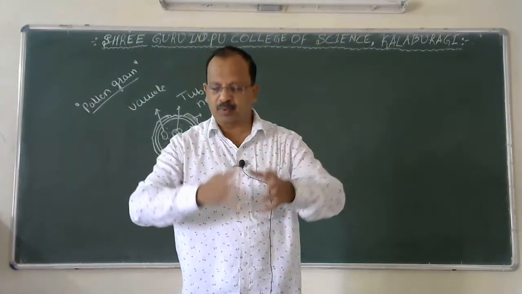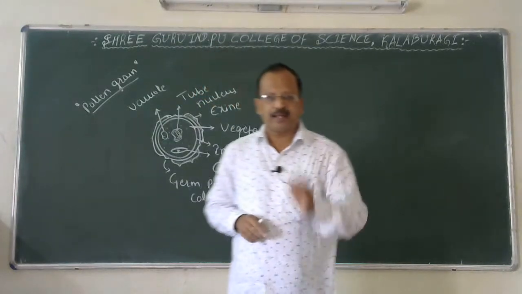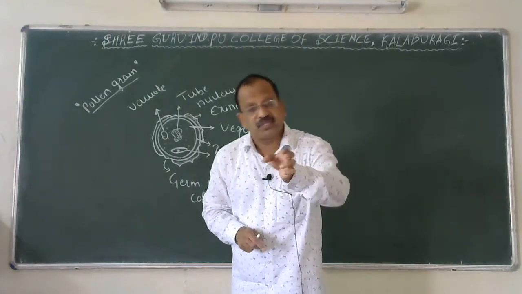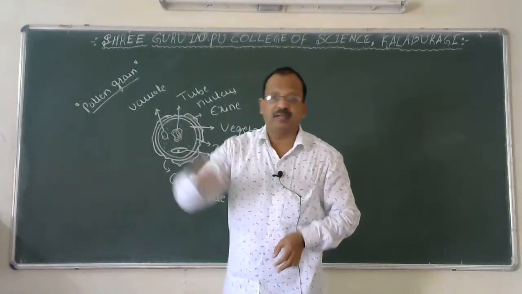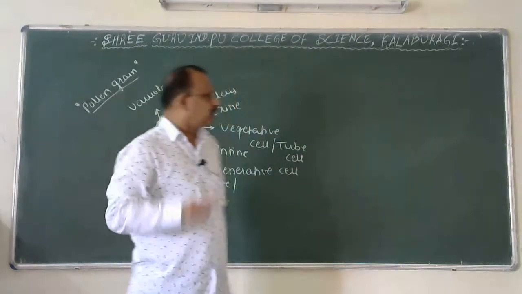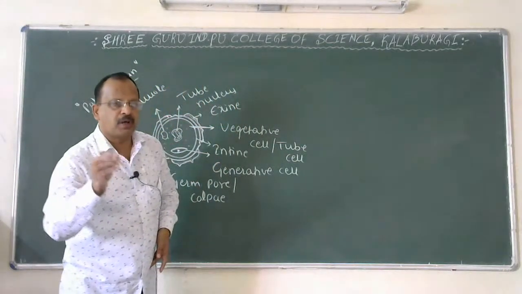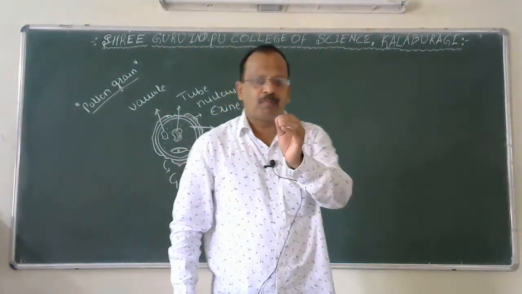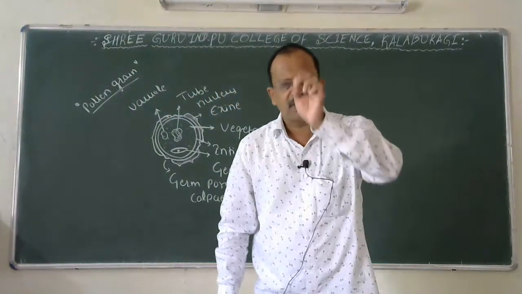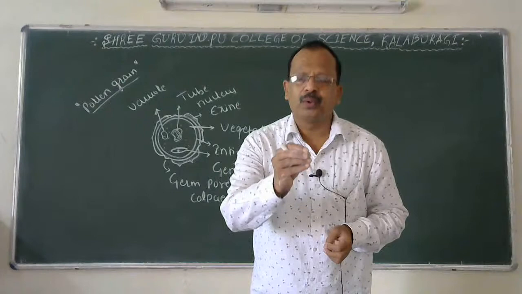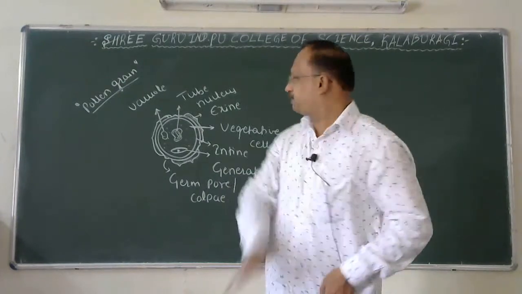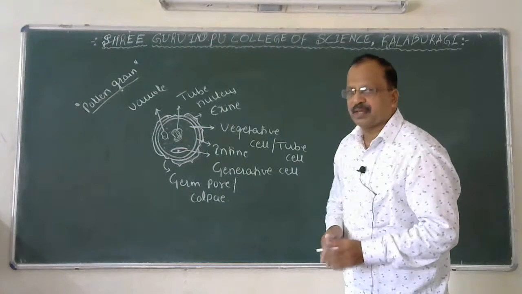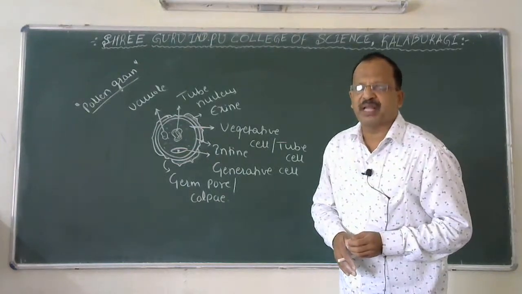These microspore tetrads get separated and develop a characteristic shape which differs with respect to other species. The process of formation of microspores from microspore mother cell by meiosis is called microsporogenesis.